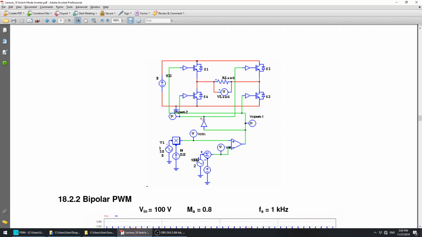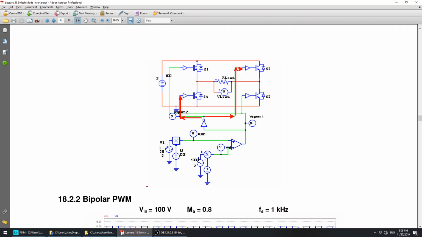Look at that, this is the inverter. So it will be connected to S3 as well as S4. Right? So you have one comparator, but the output of that will be separated.